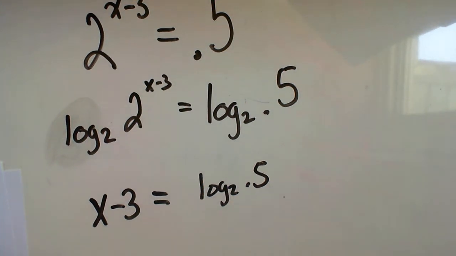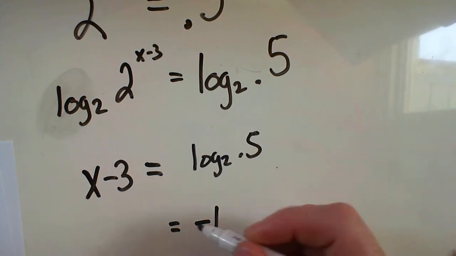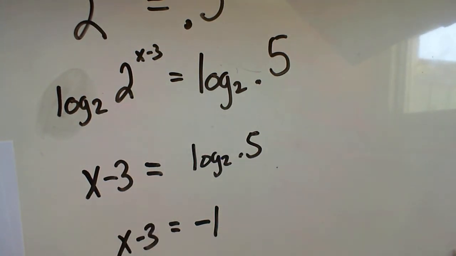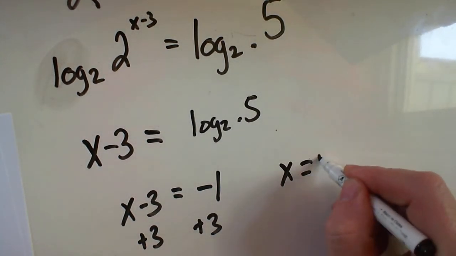So whether you just see it or put it in your calculator, this becomes negative 1 equals x minus 3. We add 3 to both sides, and x equals 2.